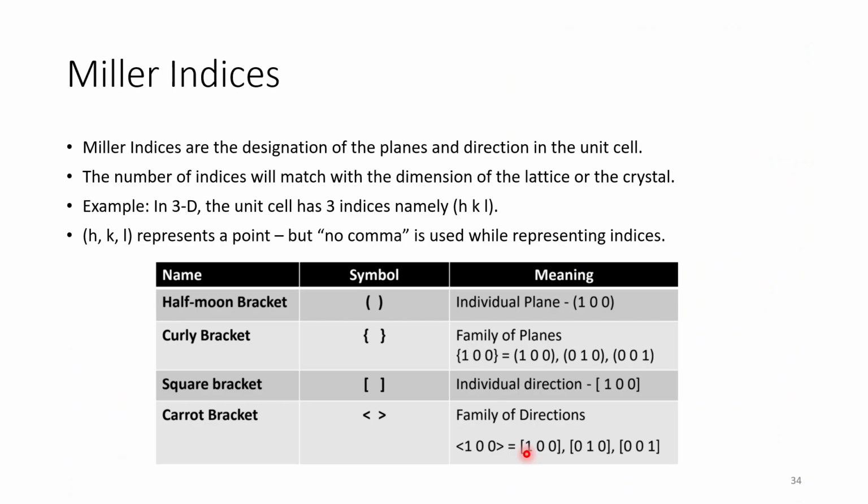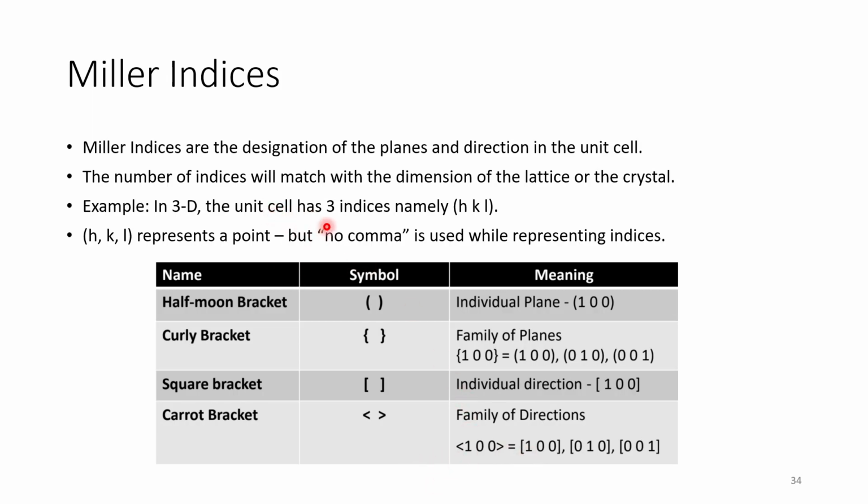Next you have Miller indices. So Miller indices are the designation of the planes and directions in the unit cell, and the number of indices will match with the dimension of the lattice or the crystal. For example, if you have 3D, the unit cell has 3 indices, namely hkl. If you have commas in between, then it will represent a point.